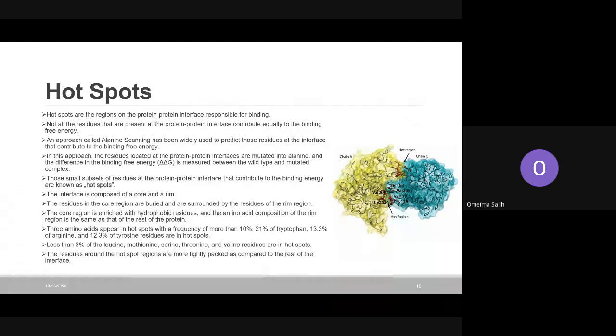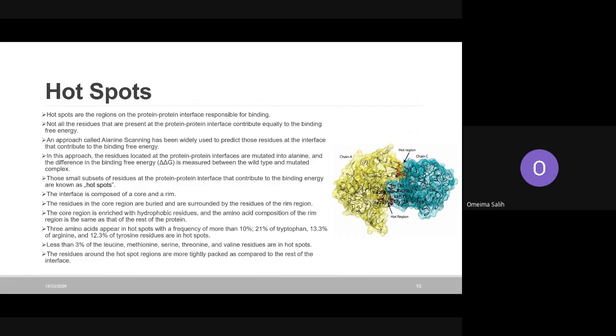So we move on to define what hotspots are. Hotspots are the regions on the protein-protein interface responsible for binding. As I mentioned before, the protein interface is the area where the two polypeptides contact each other.